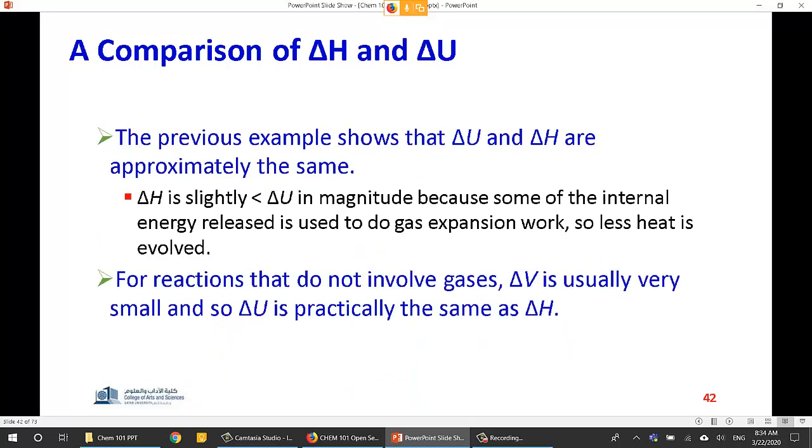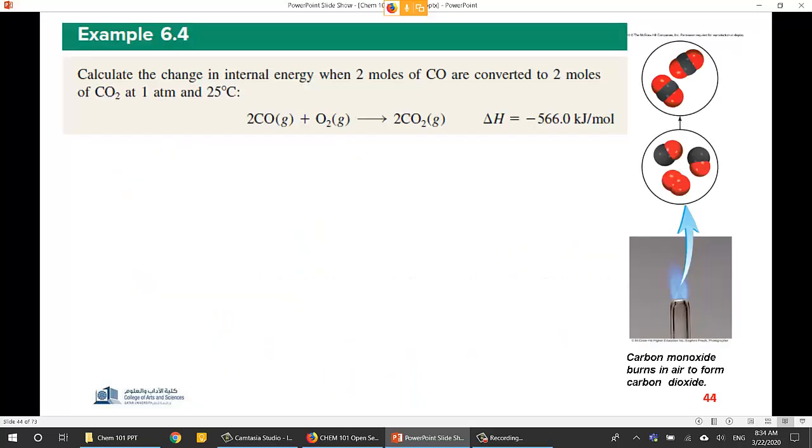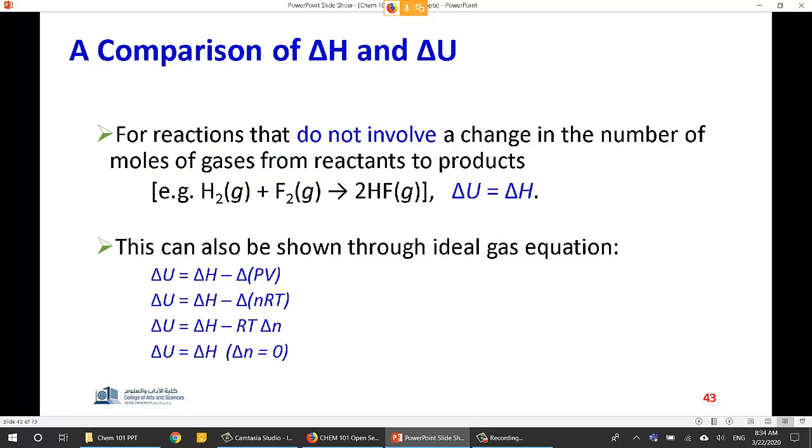Now, I will teach you that there is an easy way to do this. If you start with this equation, delta H is equal to delta U plus P delta V, you can rearrange the equation to delta U is equal to delta H minus delta PV.